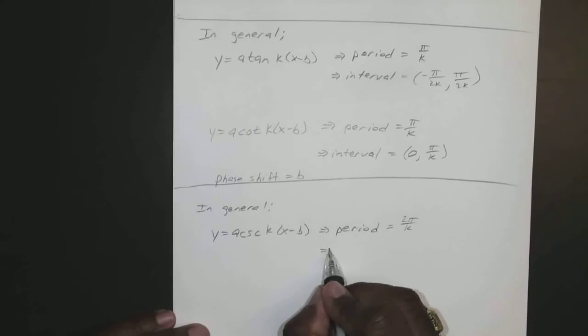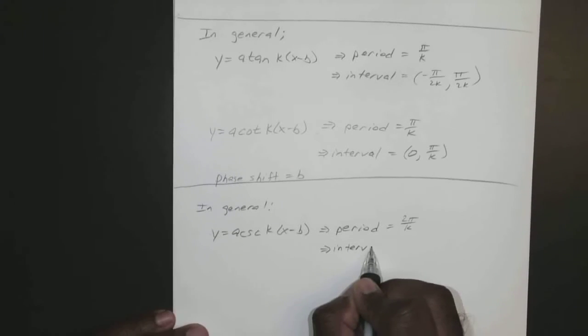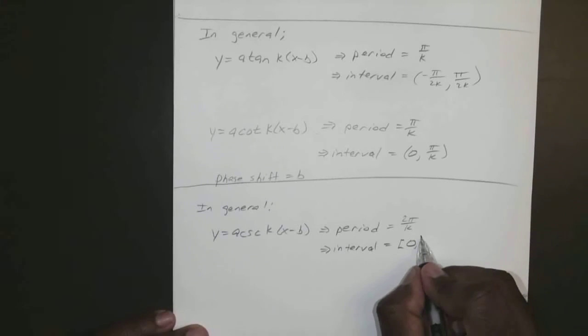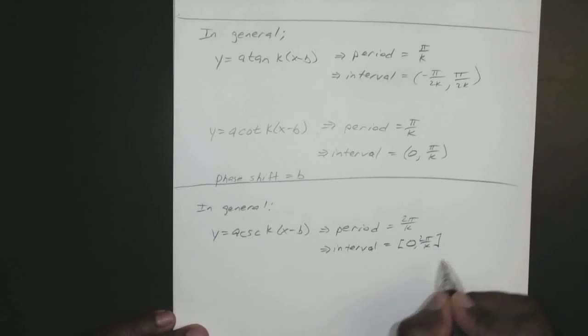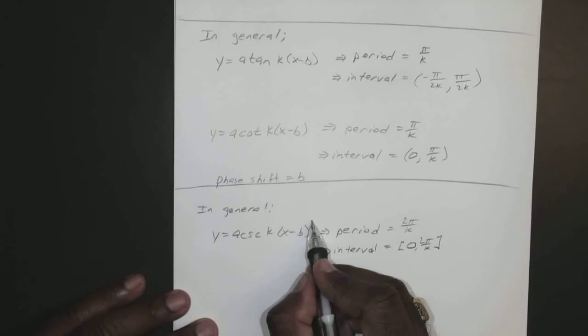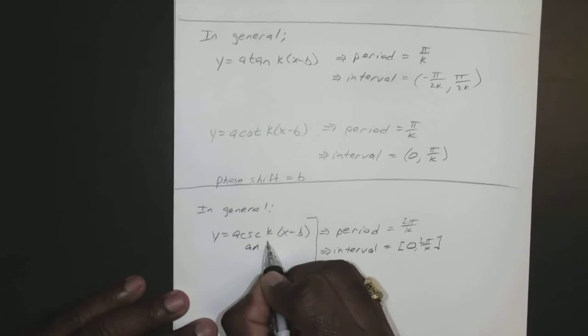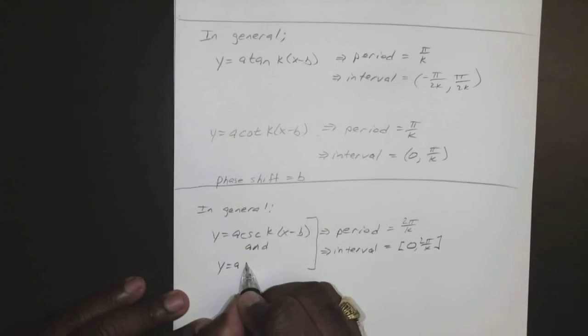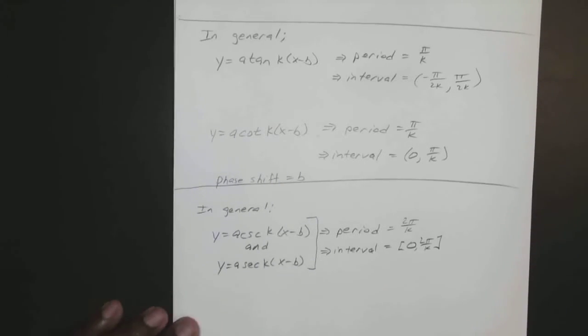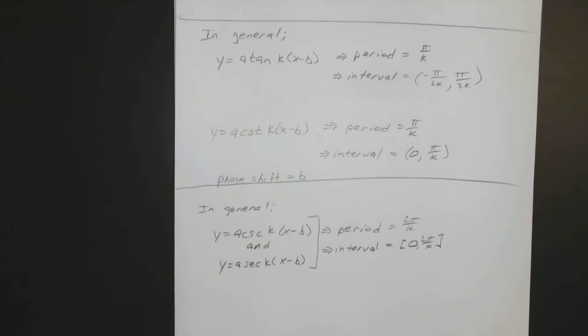And your interval is 0 to 2 pi over k, which ironically is the exact same for secant. So y equals a secant k of x minus b, where again, b is your phase shift for both of them.